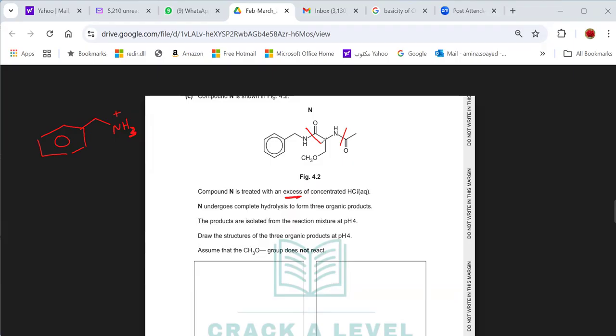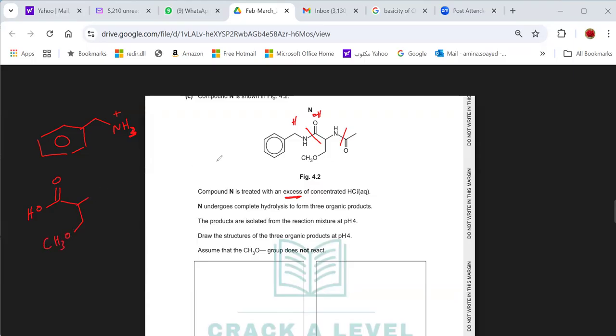And the second part, we will have here the carboxylic group. So here we will have double bond O, OH, because hydrolysis means that you add here a hydrogen and here an OH. So it will be COOH, and of course in concentrated HCl, nothing will happen at this part. This part did not change.